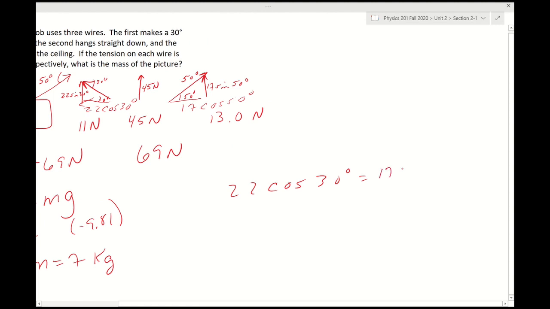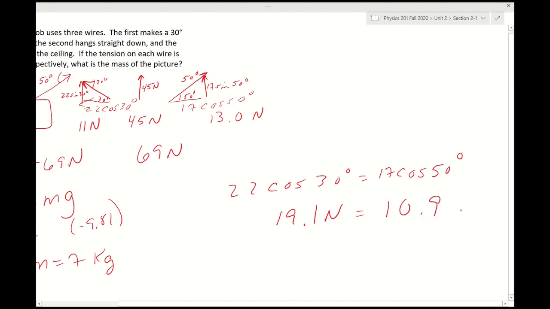That gives 19.1 newtons and 10.9 newtons. So not quite right. It is in fact a bad hanging job for the picture.